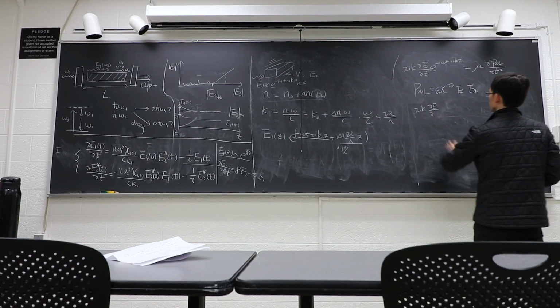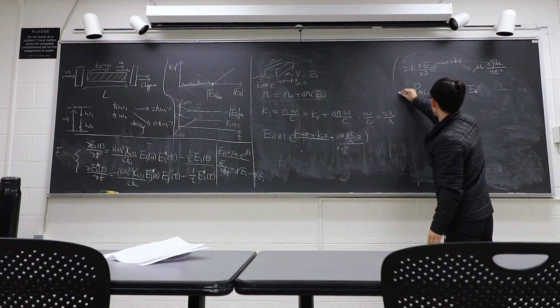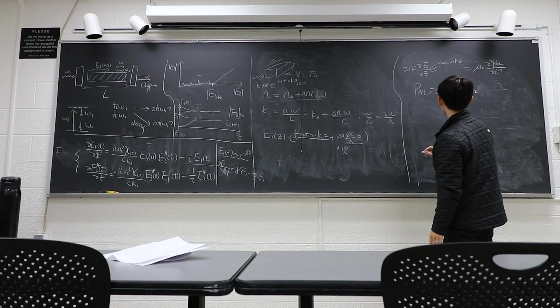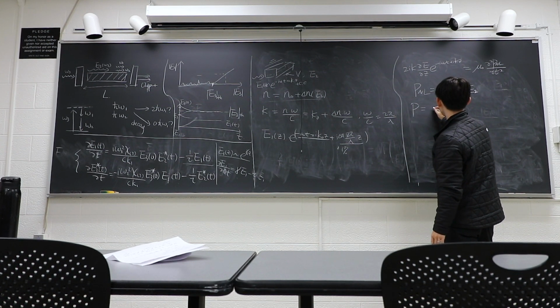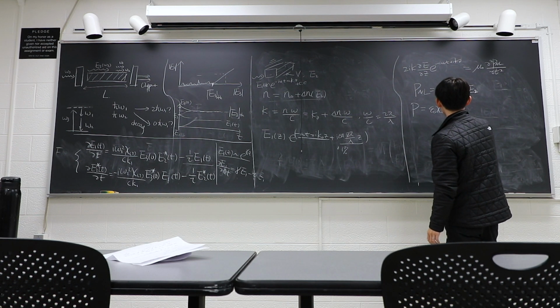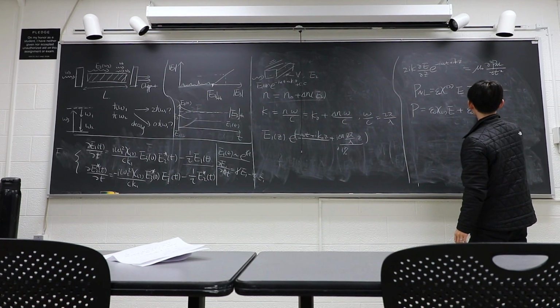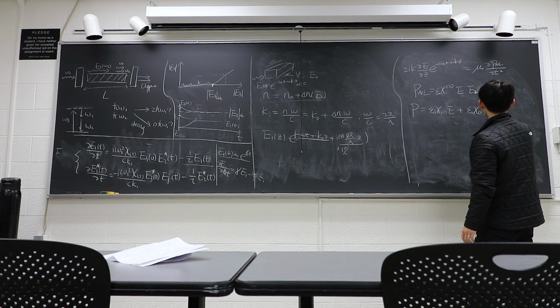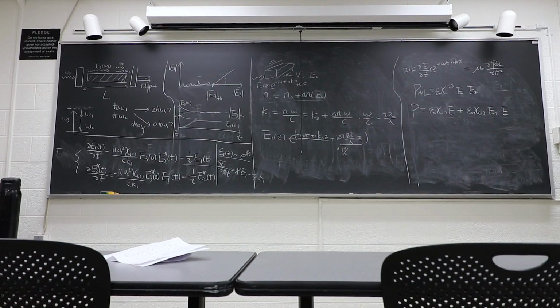Well, actually, we don't even need to go through it. We know P equals epsilon chi1 E plus epsilon chi2 E2 times E, right?